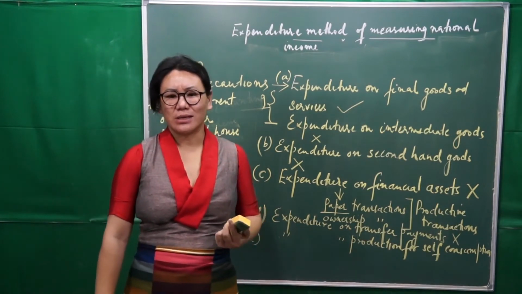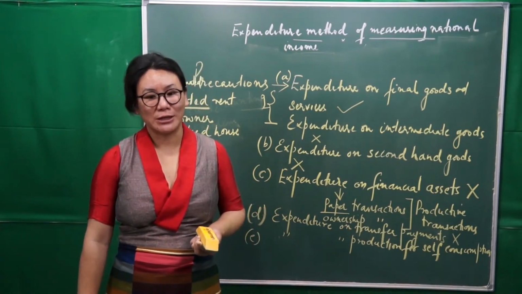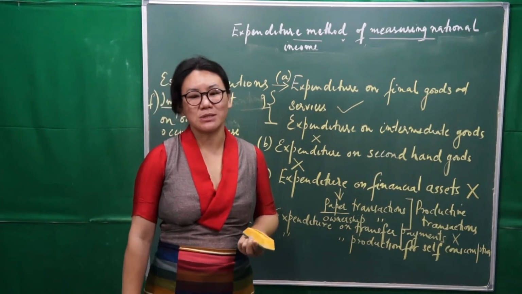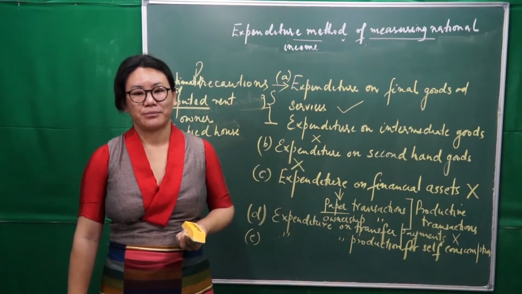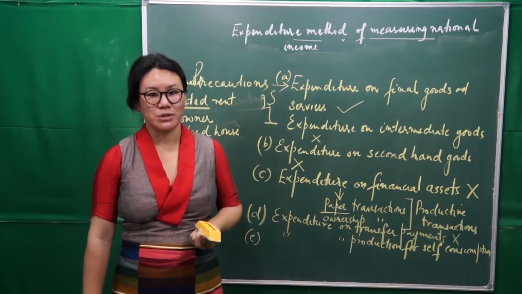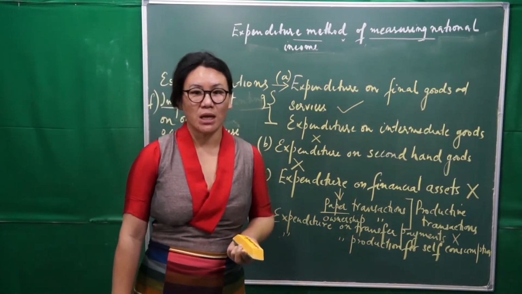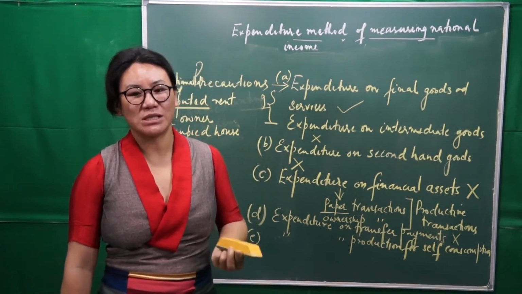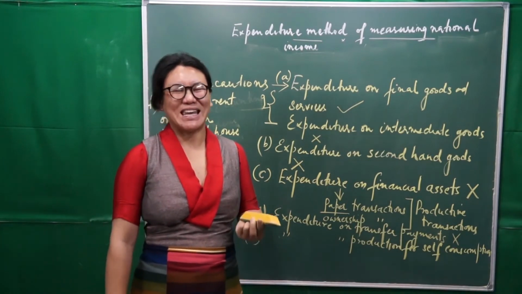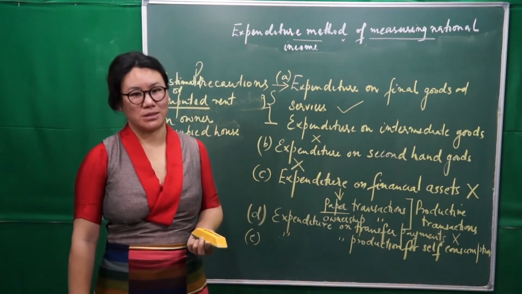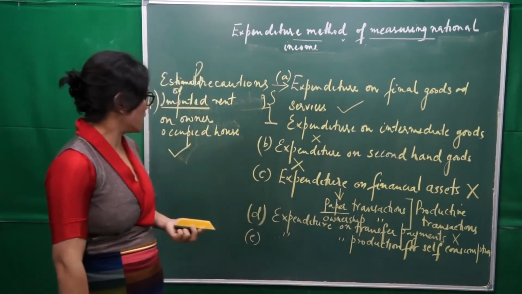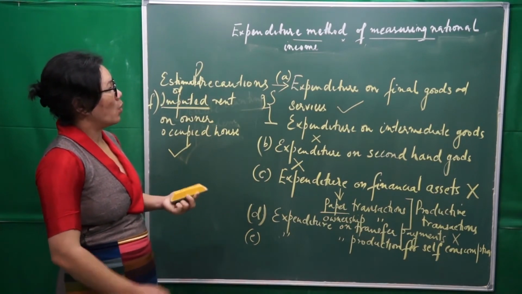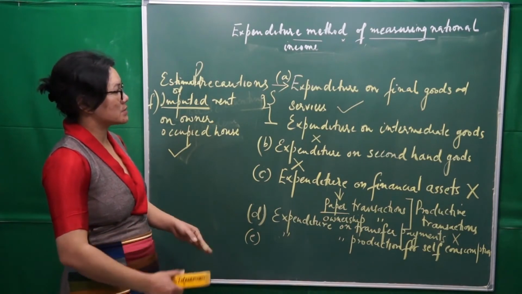In this, he is not incurring any sort of expenditure, right? He is making payment of rent to himself. But the house is producing a service here, and the value of such service is included in this method. All right. So these are a few precautions that we have to take while measuring national income using the expenditure method.